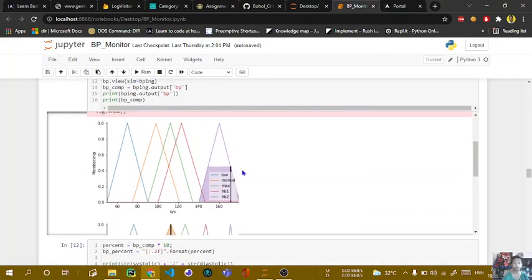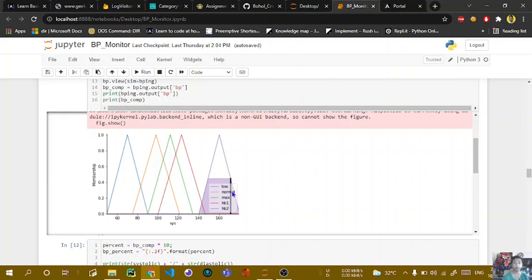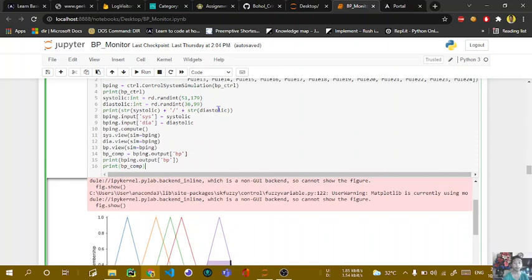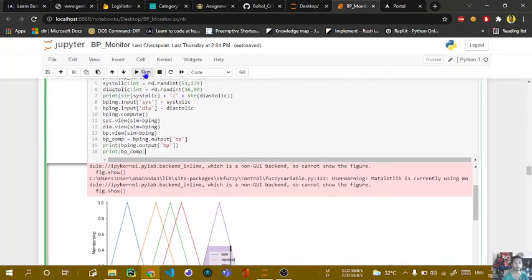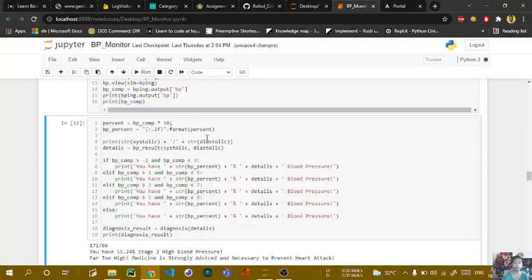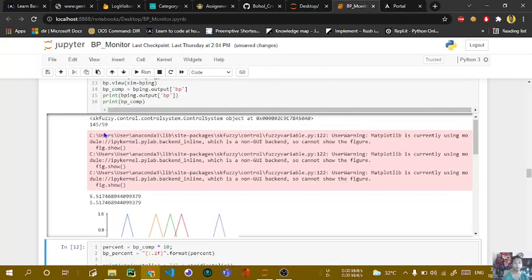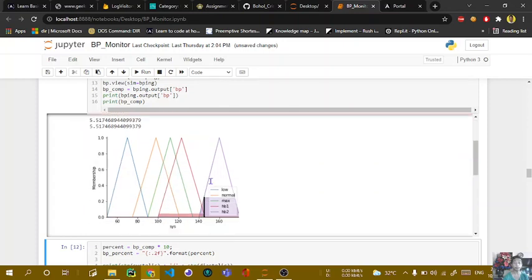So here we can see that we need to specify another number. When we run this, we get 145 and 59. So systolic is 145 and diastolic is 59. The 145 would fall into high blood 1 and high blood 2.